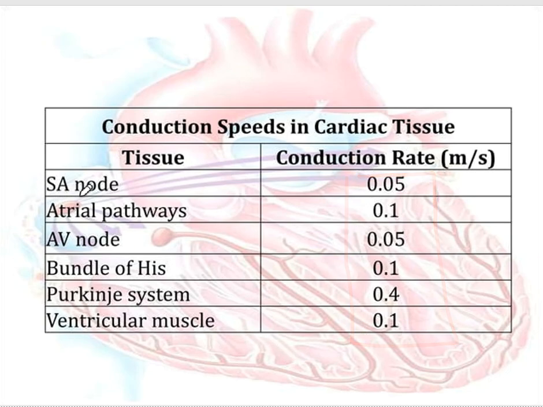So the SA node has a duration of 0.05 second. You have to note the conduction speeds in every cardiac tissue, because after completing our conduction system, we are jumping directly to the electrocardiogram. If you want to diagnose a normal ECG, you should know the normal ECG waves and complexes duration.